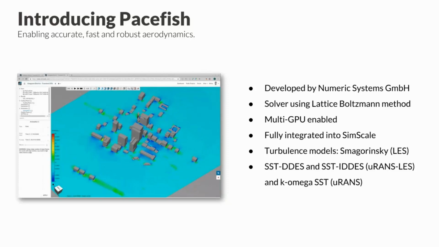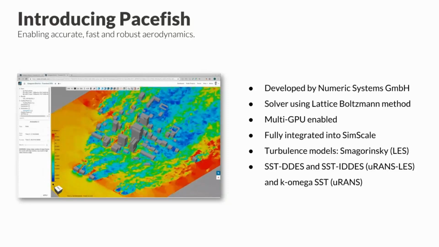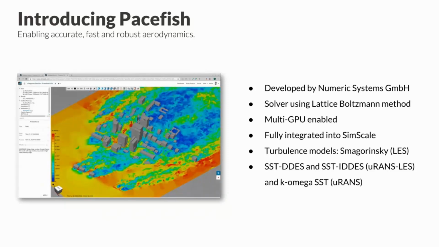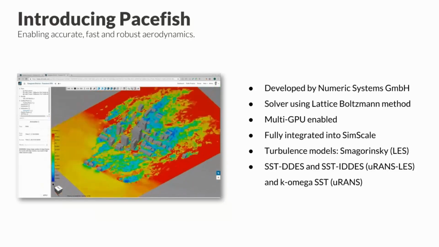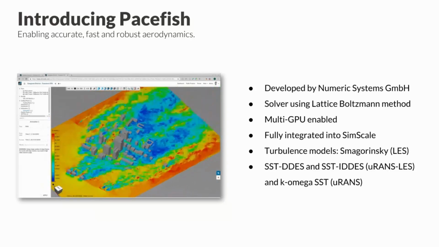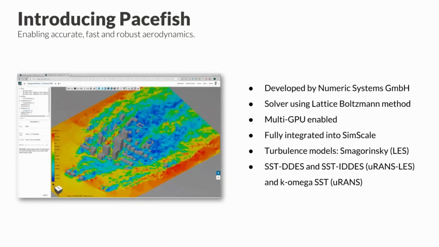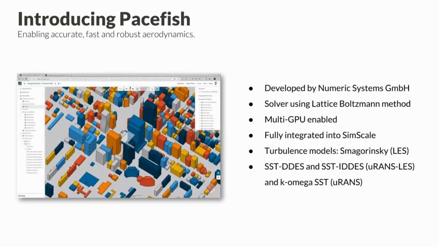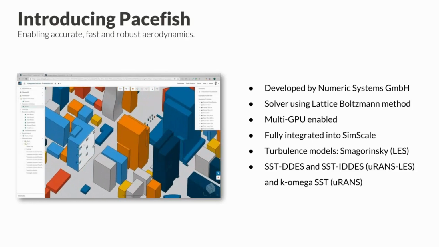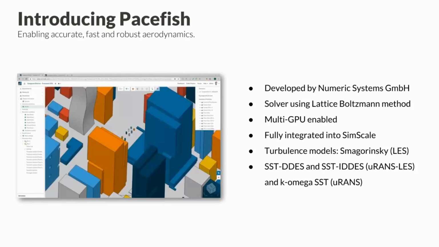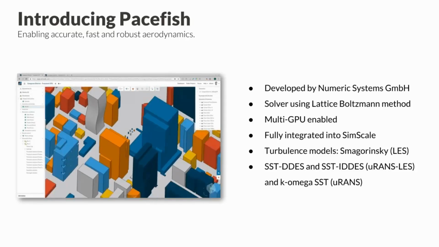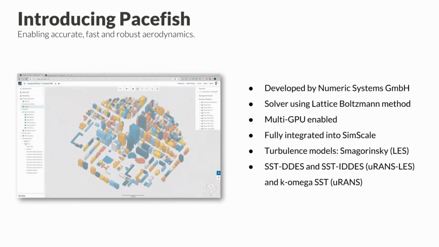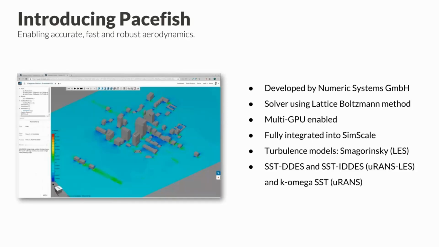It's a development from our partner, Numeric Systems, also based here in Germany, in Munich. In subsequent webinars, blog posts, and content we're going to put out, we're going to talk much more about this, and we'll also have them explaining more about the solver and its inner workings. Today is really just a very top-level introduction to what this is about.